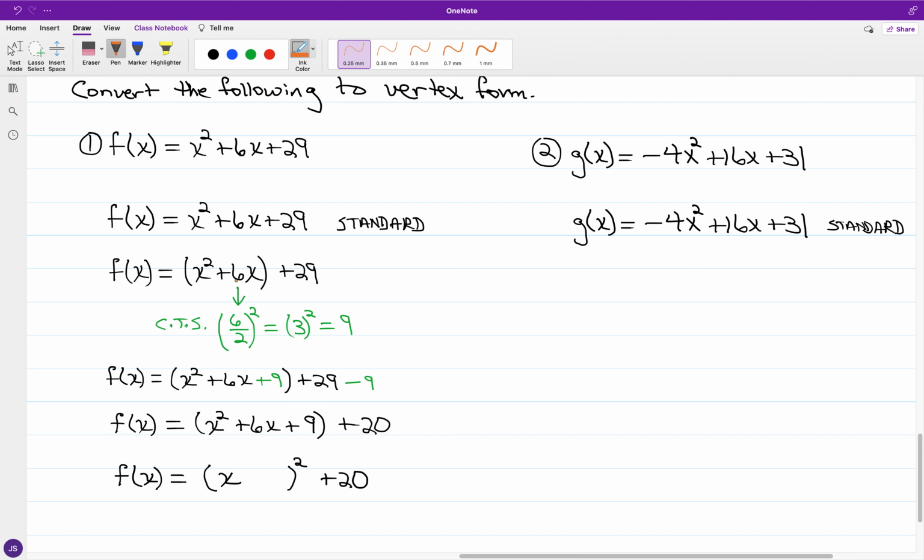After separating the variable terms, I had added 9, and the 9 was created upon the completion of the square, where I had the number, namely positive 3, to be squared. This is going to reappear and be inserted in terms of addition. So we have f of x is equal to the square of x plus 3, followed by the addition of 20. That is, once again, the vertex form.